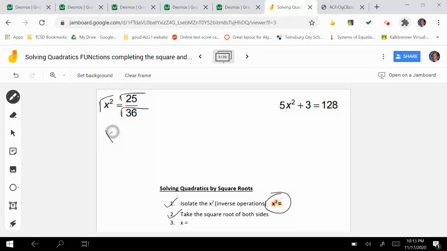I get x on the left equals a plus minus combo, because you need the left and the right. What is the square root of 25? So 5 is going to be in my numerator. What's the square root of 36? 6. So x equals plus or minus 5 over 6. So there's 2 solutions for this problem: negative 5/6 and positive 5/6. All right, so 2 solutions.